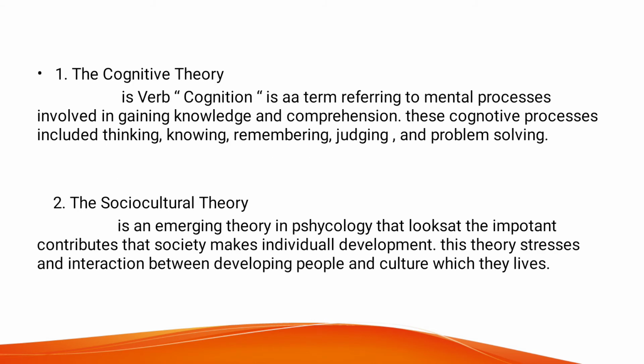The cognitive theory: cognition is a term referring to mental processes involved in gaining knowledge and comprehension. 2. The socio-cultural theory is an emerging theory in psychology that looks at the important contributions society makes to individual development.